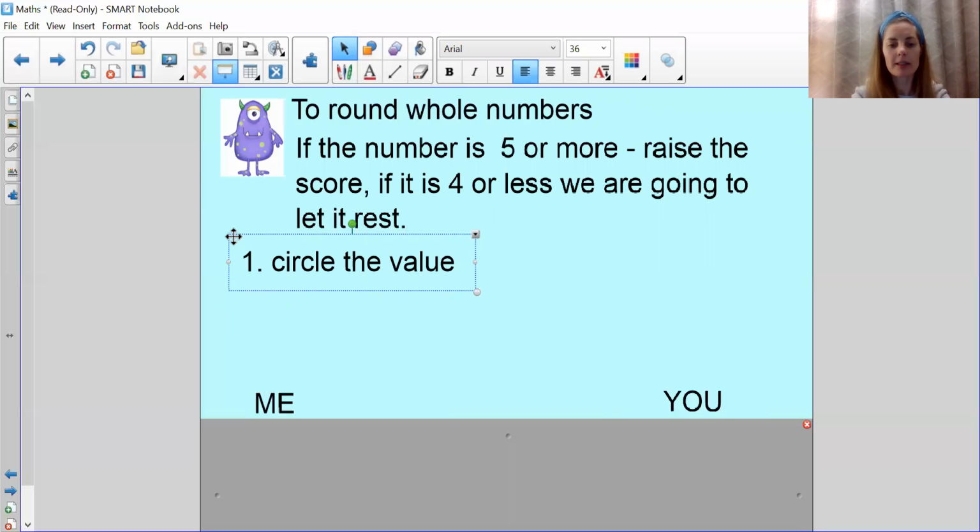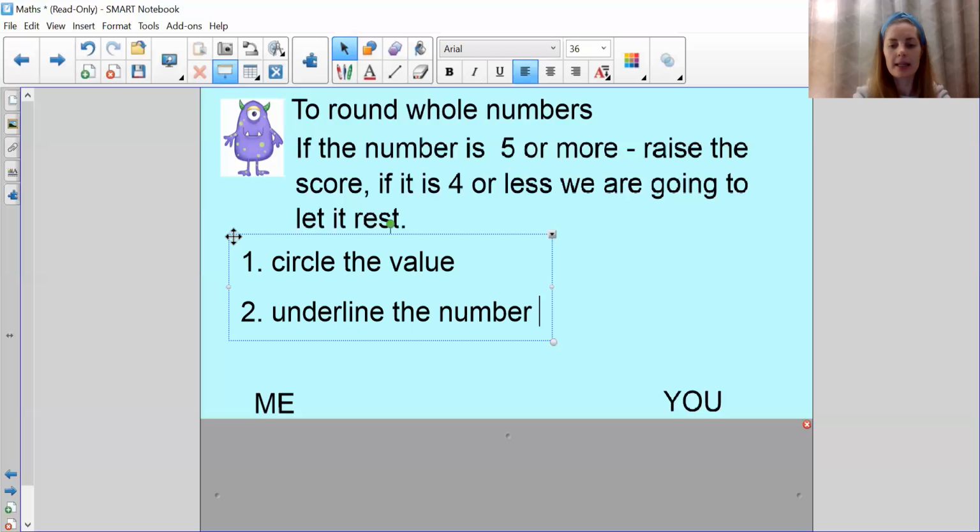Okay, so if it's the nearest 10, we'll find the tens column, circle that number. If it's the nearest 1,000, we're going to find the 1,000 column, circle that number. Then we're going to underline the number next door. Okay, and once we have underlined that number, we're going to then use our little poem that we learned. If the number is 5 or more, we're going to raise the score. If it is 4 or less, we're going to let it rest.